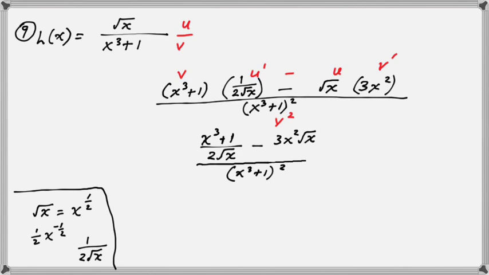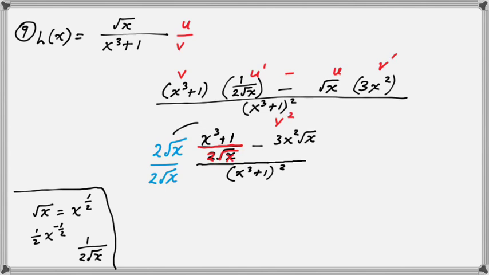Okay, at this point we need to get rid of the division. I need to get rid of the division by 2 radical x. The opposite of division is multiplication. So if I multiplied by a fancy form of 1, I'm not changing the value.